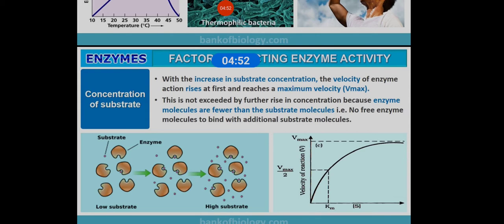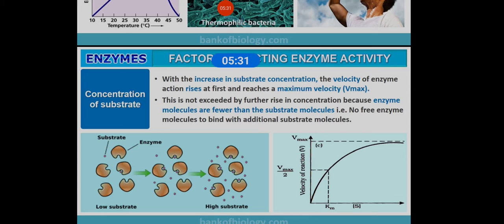With the increase in substrate concentration, the velocity of enzyme action rises at first, then it reaches the maximum velocity, but later on there is no increase in the action even though there is a rise in concentration, because enzyme molecules are fewer than the substrate molecules. No free enzyme molecules are there to bind with the additional substrate molecules. What does it mean?